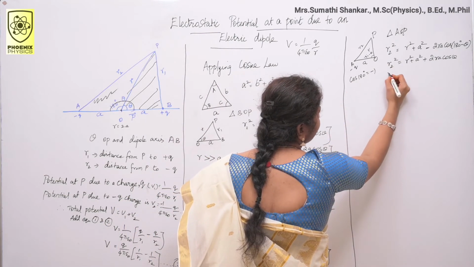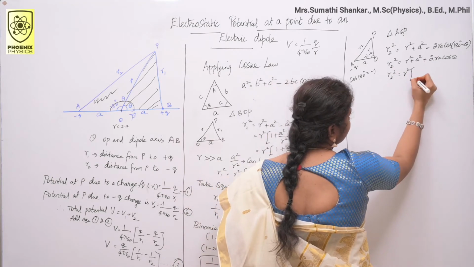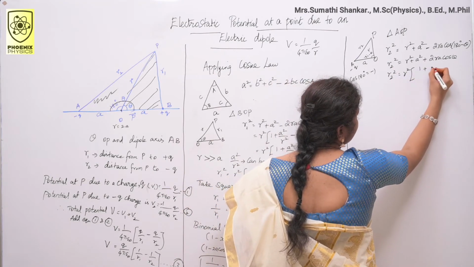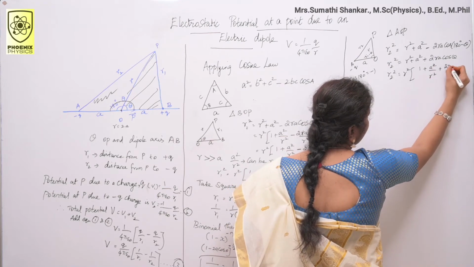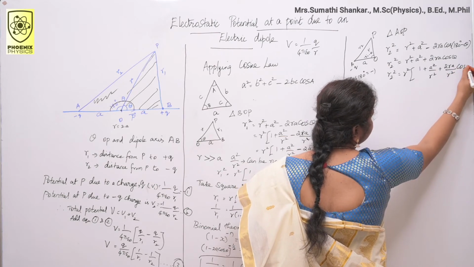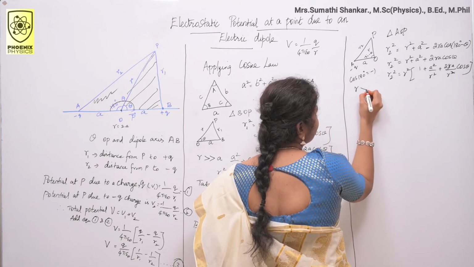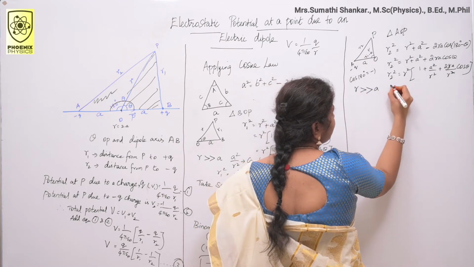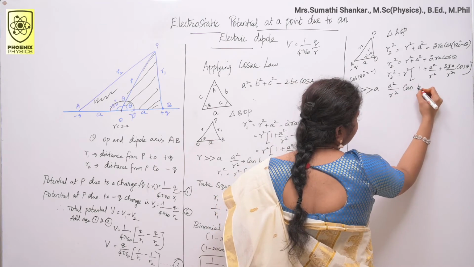Same way, you take r square outside. r2 square is equal to r square, 1 plus a square by r square plus 2ra by r square cos theta. Cancel this r. Here r is very much greater than a, which means the a square by r square term can be neglected.